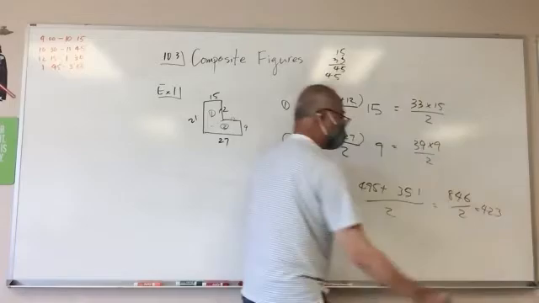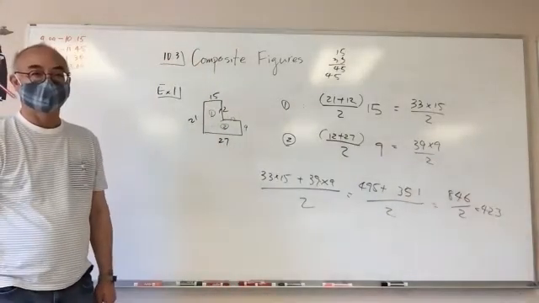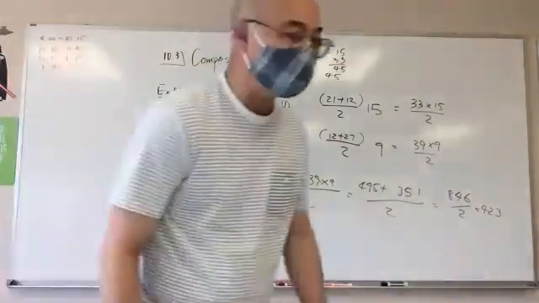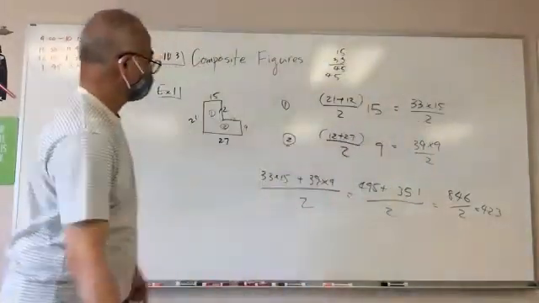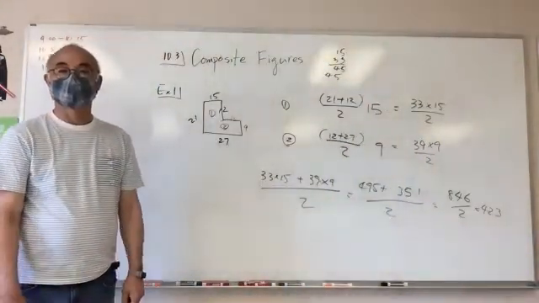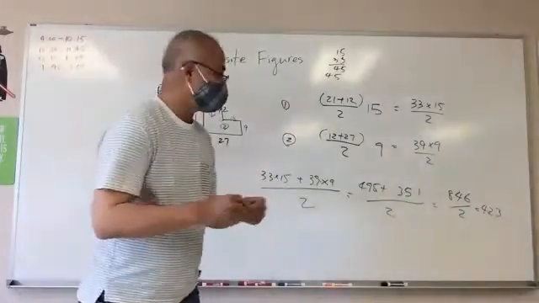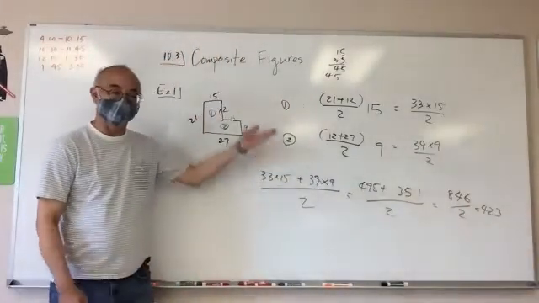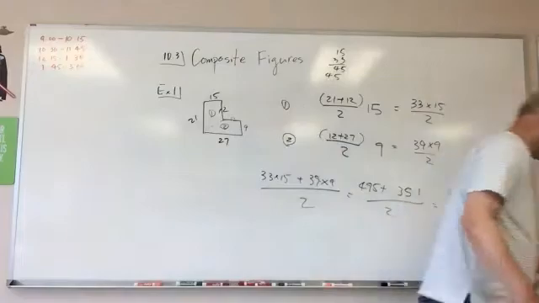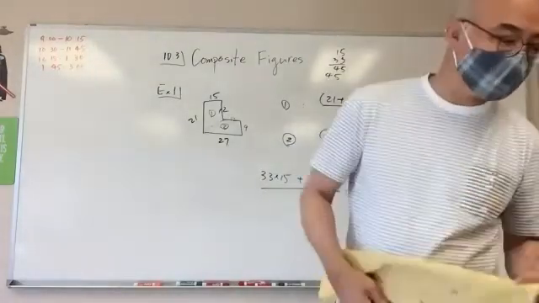Is that what the book got? 423? All right, so our method worked. A little bit of the long way, but hey, we got there. So that's example number 1A.